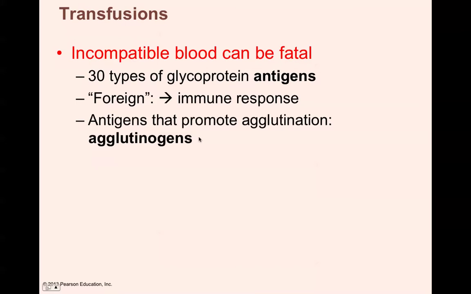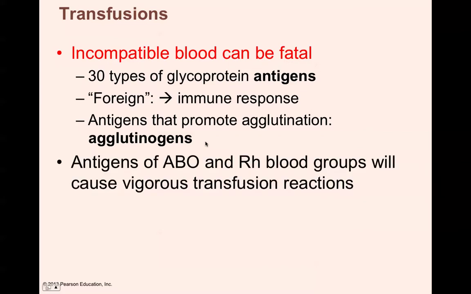The antigens that promote agglutination are called agglutinogens. And so this is going to cause the blood to agglutinate. The blood cells clump together and are no longer able to function. The antigens of the ABO blood groups and the Rh blood groups will cause vigorous transfusion reactions.